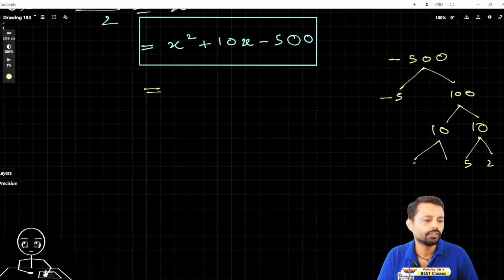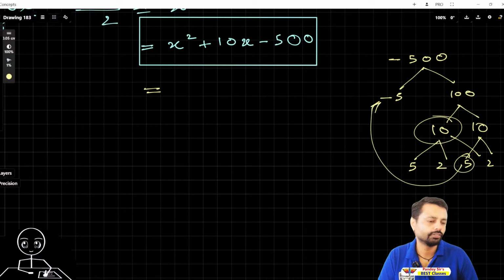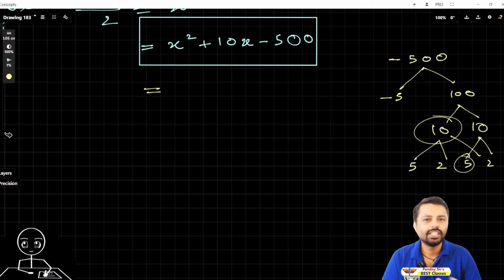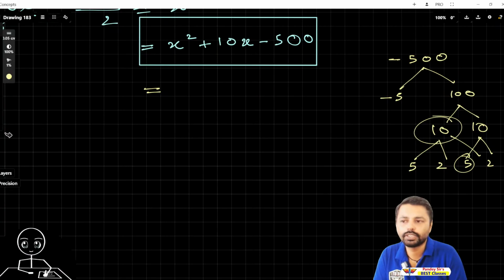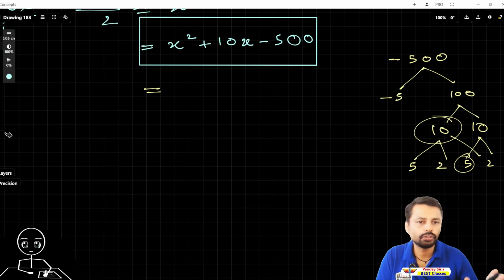This 10 also can have 5 and 2. So if you multiply this, 5 5s are 25, and 5 2s are 10. Wait, 10 into 2 we get 20 and 5 into 5 we get 25. It seems, let's do this discriminant method, to find out whether we have a rational solution or not.